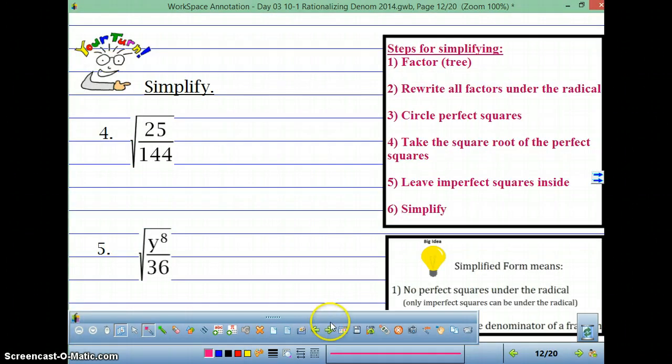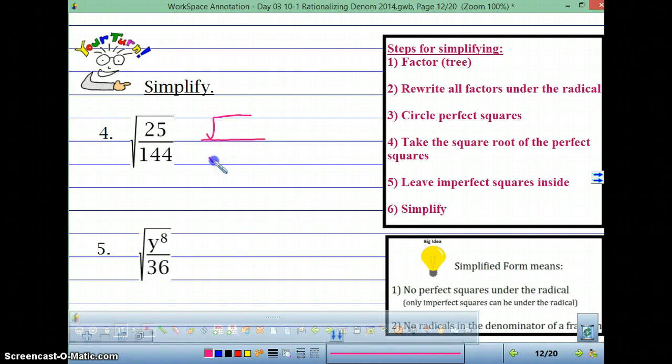All right, what do we do if there are numerators and denominators? Well, that's actually pretty easy. We can split this radical into 2 radicals, one for the numerator and one for the denominator, like this. So that makes it a lot easier. 25 is already a perfect square, and 144 is already a perfect square.